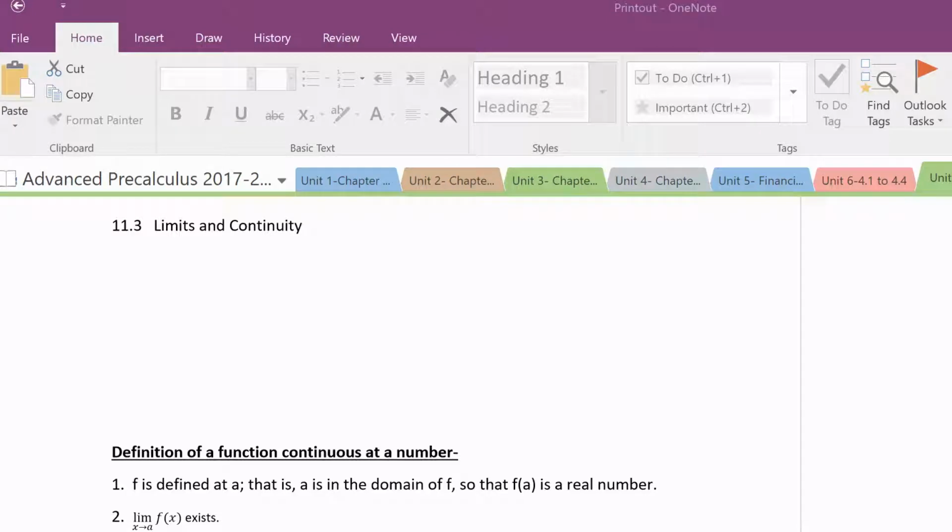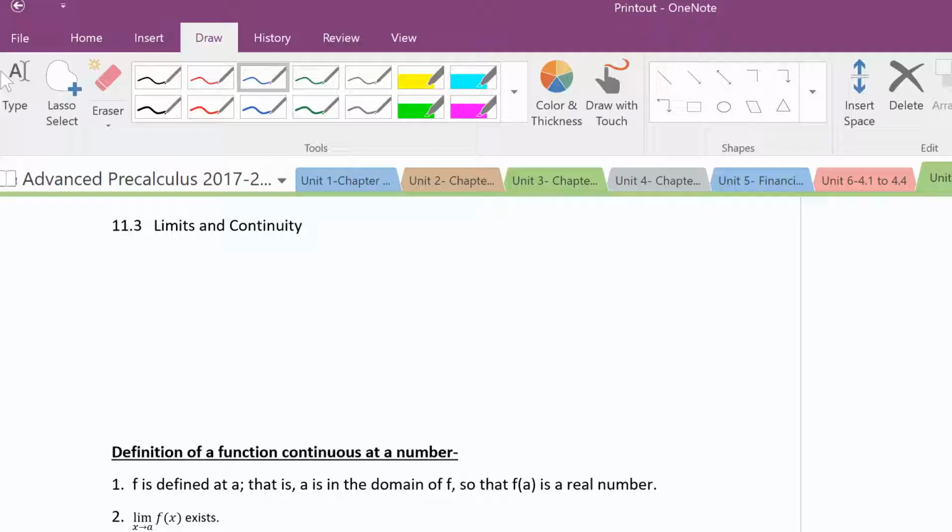Welcome to tonight's video on limits and continuity, talking about how limits tell us if a function is continuous or not at a certain point.